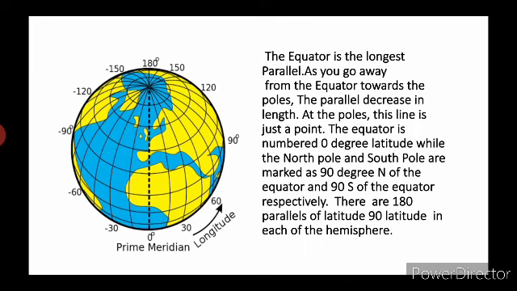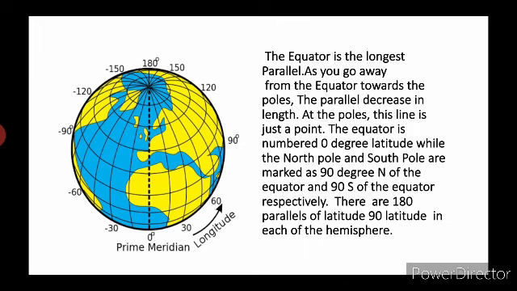On the north side, going up, it is 0 degree at the equator and 90 degree at the North Pole, and on the south side it is likewise 0 degree at the equator and 90 degree at the South Pole.